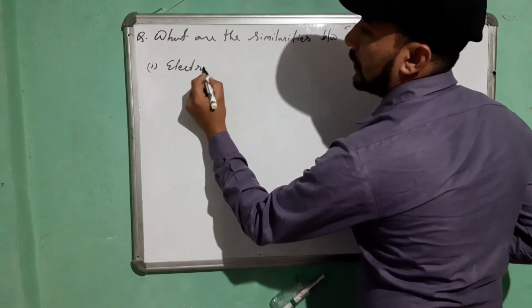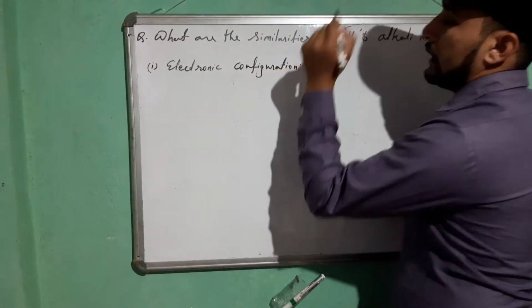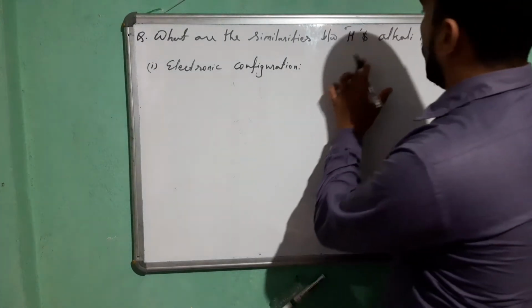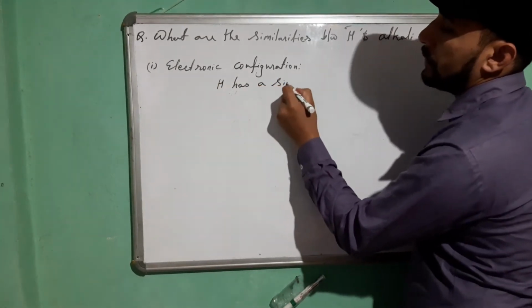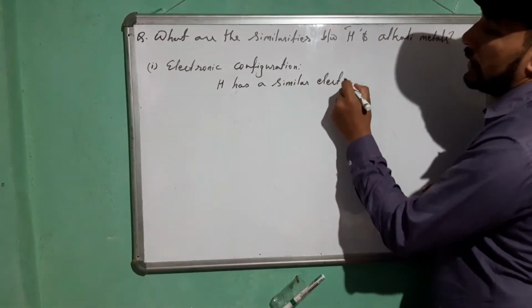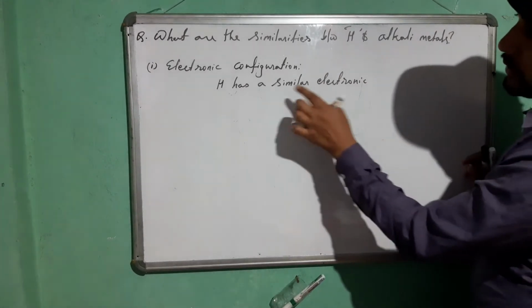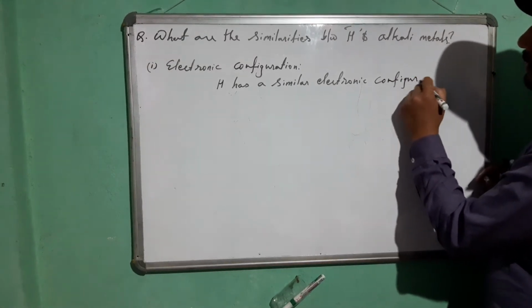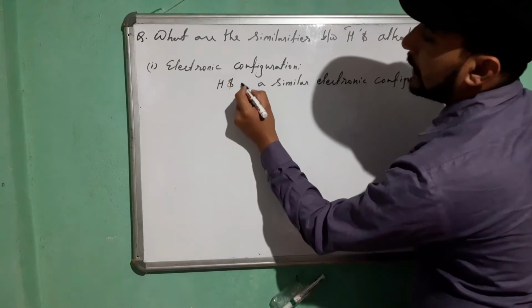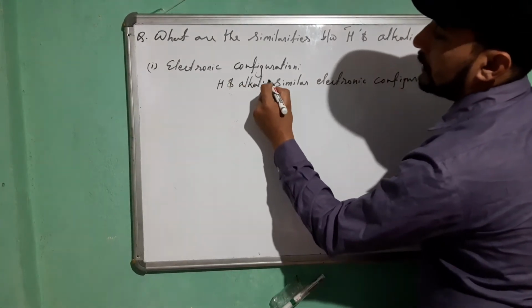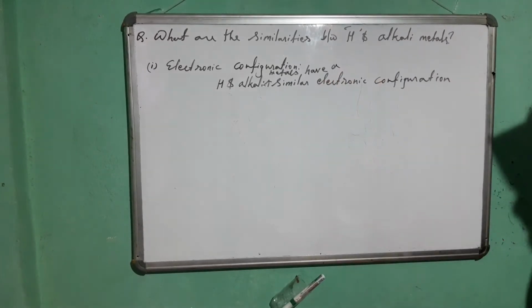Electronic configuration. Hydrogen and alkali metals have a similar electronic configuration.